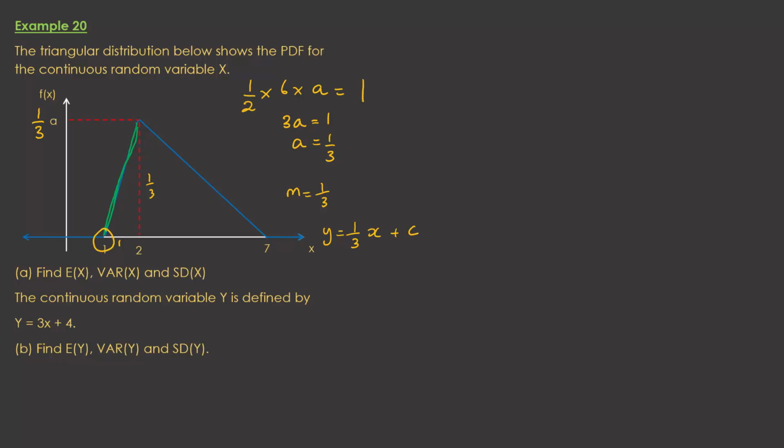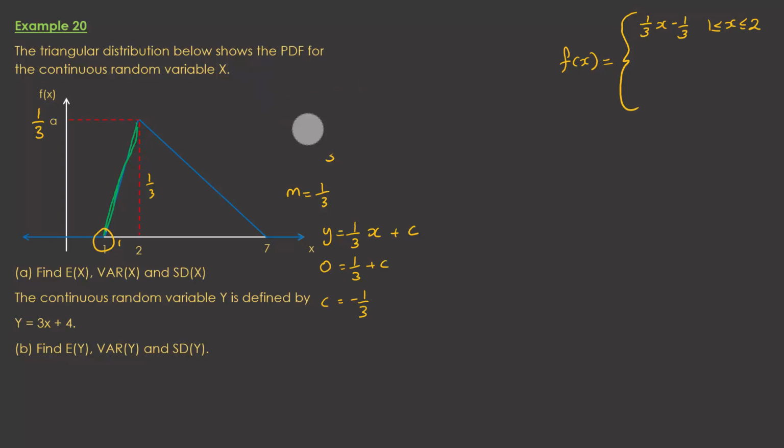We go through (1, 0), so 0 is 1/3 plus a constant. The constant is negative 1/3. So if we're thinking about f of x, we now have our first part of that. It's going to be 1/3 x take away 1/3 when x is between 1 and 2.